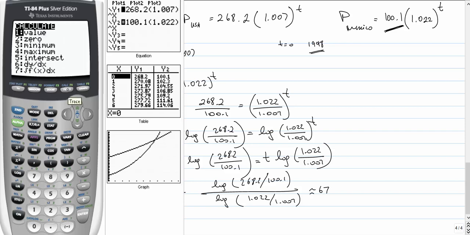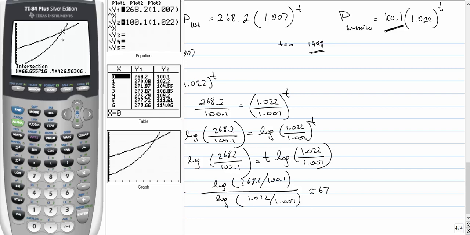Second calc 5, and I want the first curve, second curve, and then guess. Intersection. Time is 67. Population is 427 million approximately.